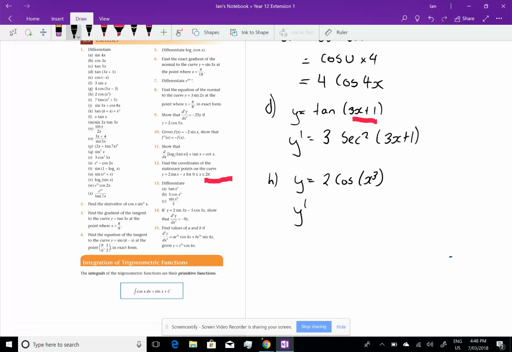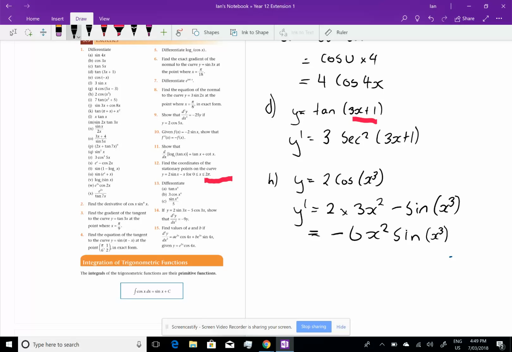So y dash equals 2 times 3x squared, the derivative of what's inside, and the derivative of cos is minus sine of what I had, which is x cubed. And I'll tidy that up, and I get minus 6x squared sine x cubed, to make sure that 3 is contained in there.